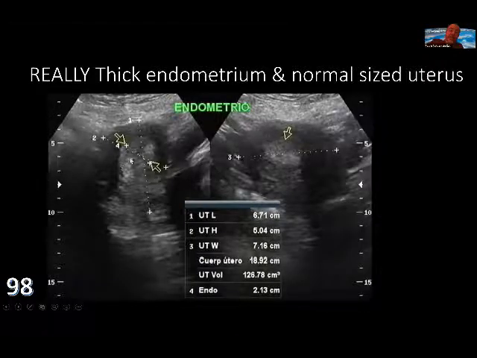Really thick, ugly endometrium. This goes like this. Two centimeters wide in the anteroposterior axis, an endometrium that qualifies as really thick, abnormal.